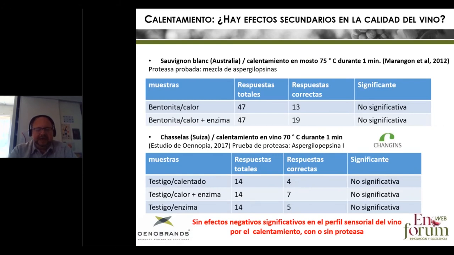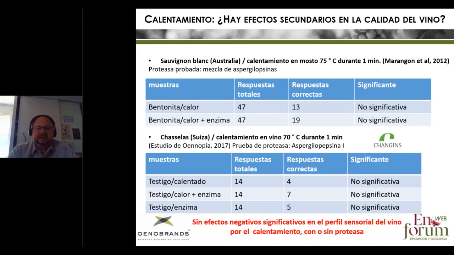The first question you can have because of this compulsory heating step is, what is the side effect of heating in terms of qualitative and aroma profile of the wine? I give you on this slide two examples. The first one is from a publication from Matteo Marengon on Sauvignon Blanc in Australia, with a heat treatment of 75 degrees for 1 minute.